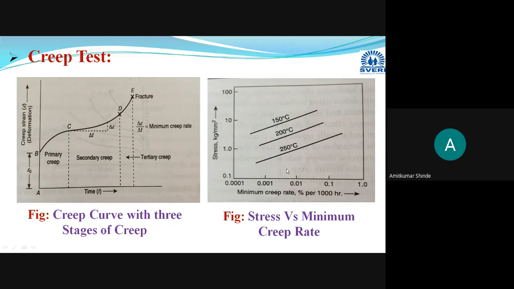This is just an example of the test. Here the minimum creep rate is plotted on the x-axis, and stress is taken on the y-axis. In simple words, the creep rate will be more when the temperature is more. You can achieve the creep rate values with the higher temperature ranges.